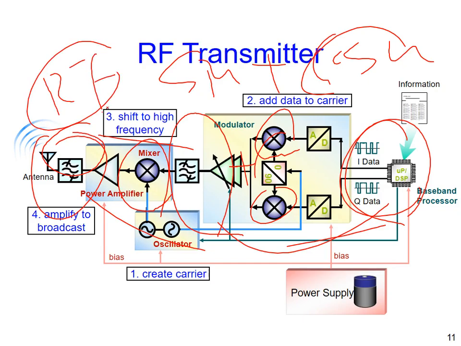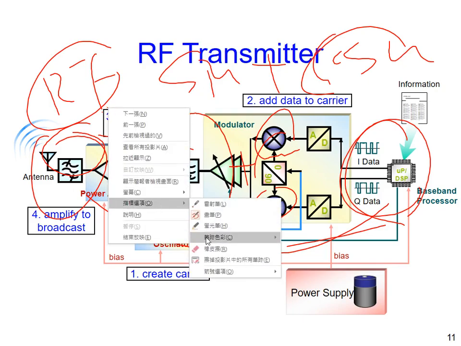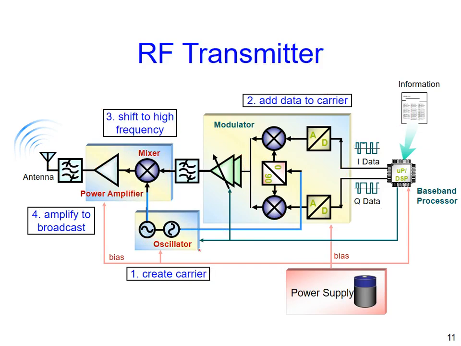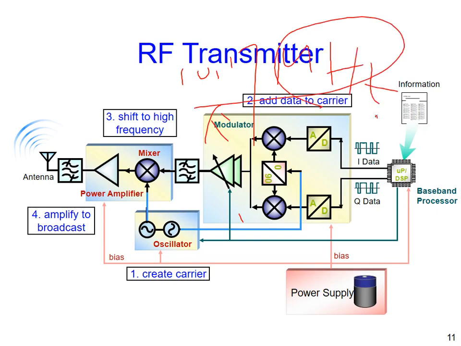Actually, we have the other so-called zero mid-band transmitter, but the price is either very hard to design or less sensitivity. That is really no good. Okay? For example, for our FM radio, the mid band is usually 10.7 megahertz.